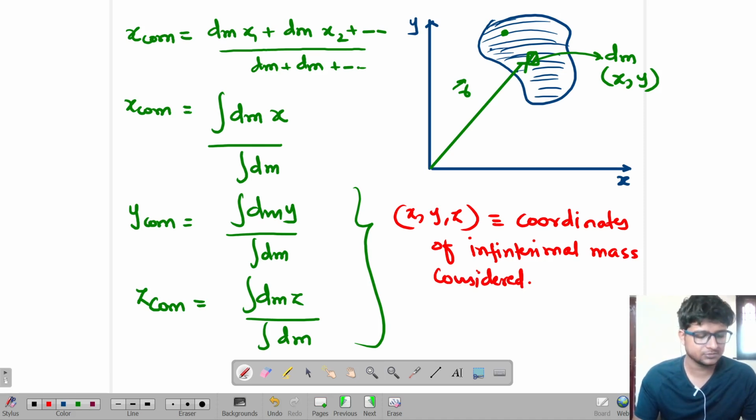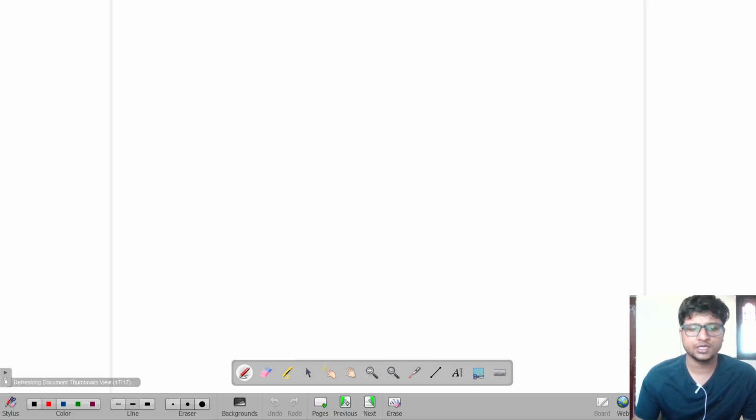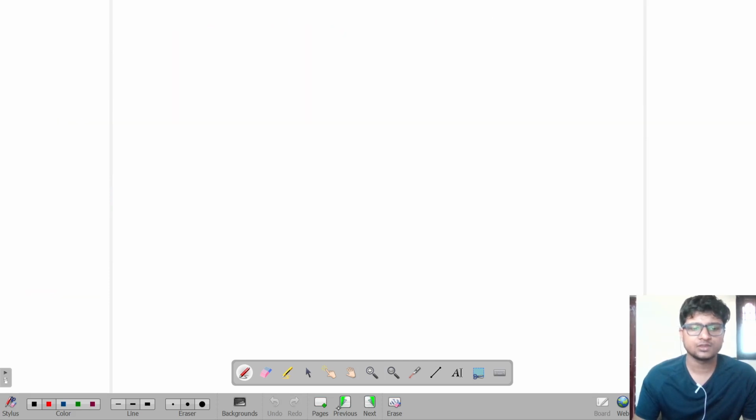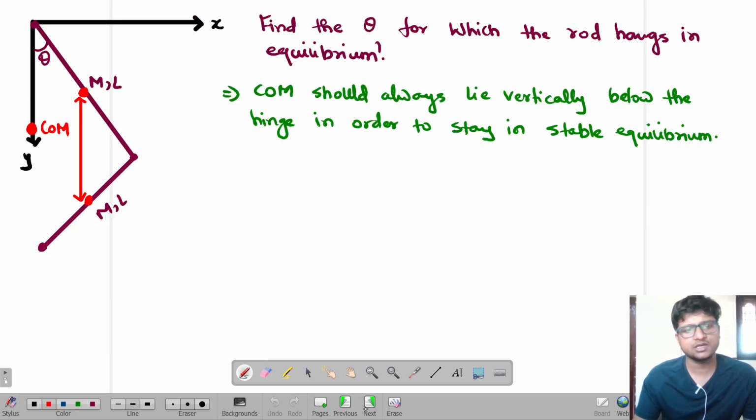Is this clear? And remember, if I do integral dm, we get the total mass of the object. Are you able to get me? See, if I have a solid rod, we know that for any kind of rod, the center of mass lies at L by 2. By logic, we can know.